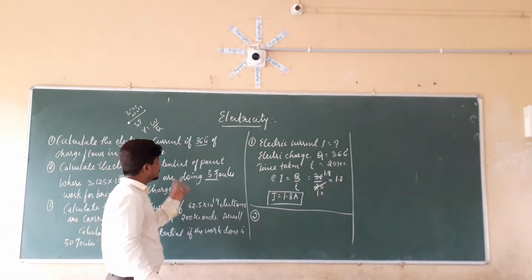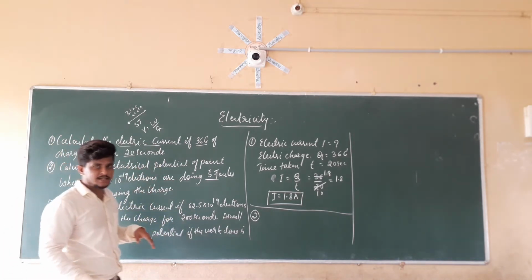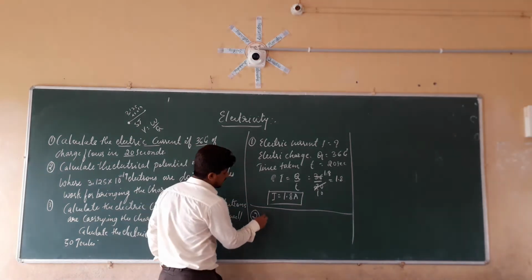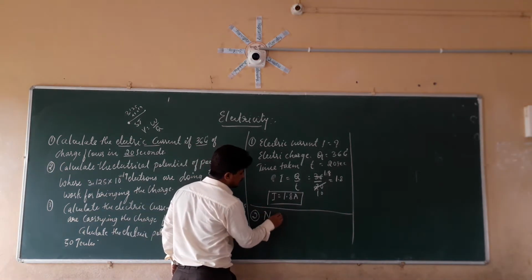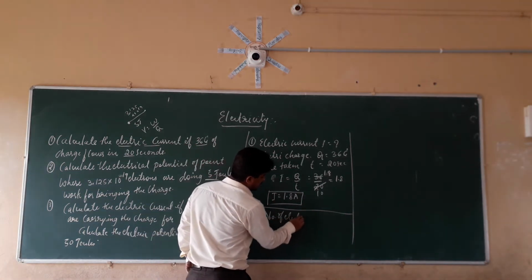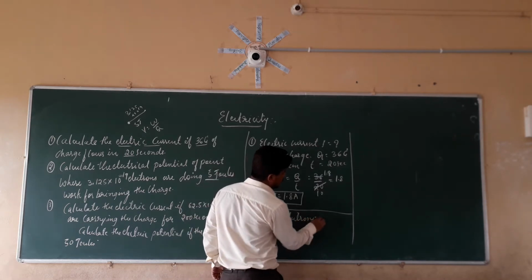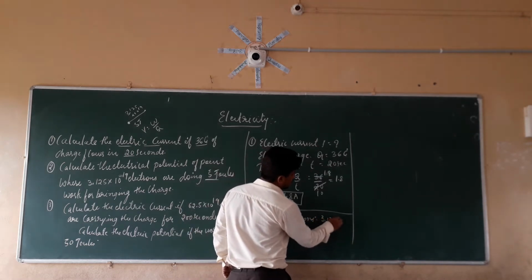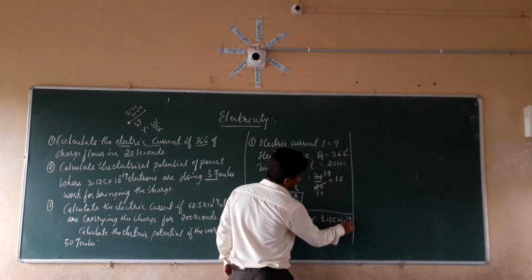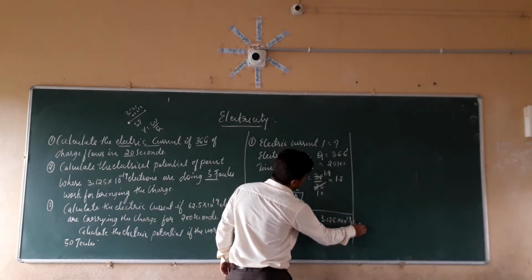Therefore, the given data in the second question is: the number of electrons is equal to 3.125 into 10 raised to 19 electrons.